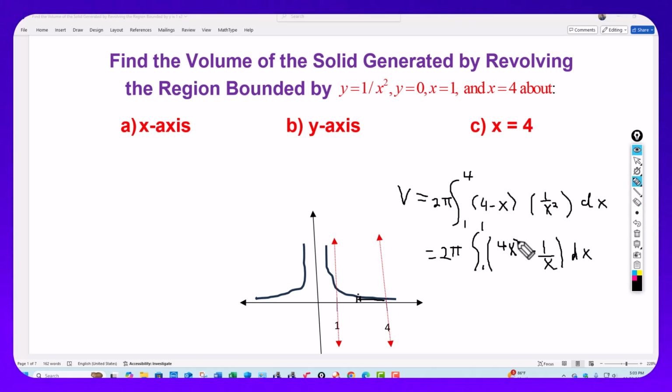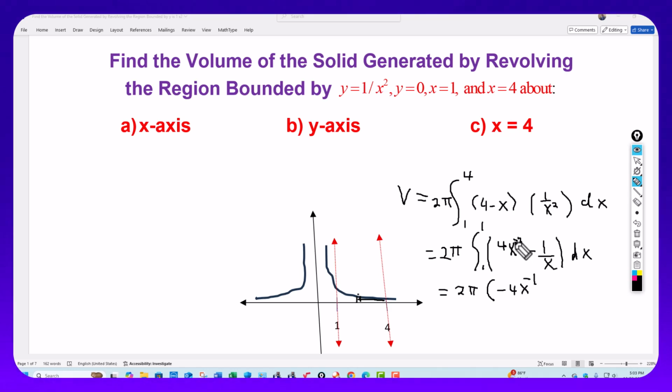And then we just integrate here. 4x to the negative 2, add a 1 to that exponent, we get negative 1, and then divide. So this will give us a negative 4 x to the negative 1.